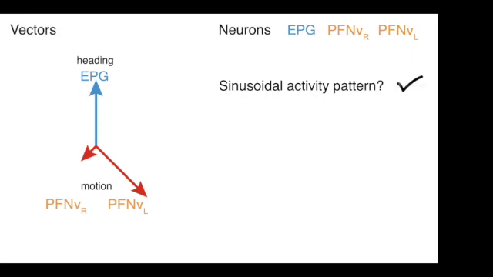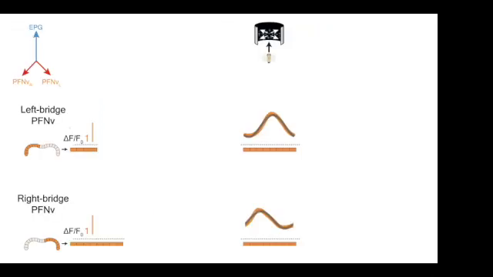Now remember that the length of the vector is encoded in the amplitude of the sine wave. So if this analogy is going to be true, it better be true that the amplitudes of these sinusoidal activity patterns in the different neurons vary correctly with the motion of the animal, with the drift motion that we're talking about. And so here's an example of that.